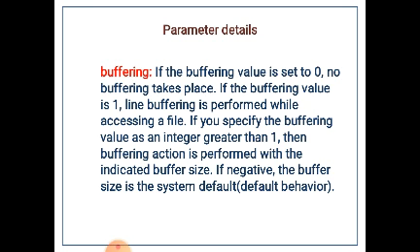If you specify a buffering value which is more than 1, then the buffering action is performed with the indicated buffer size. If we give a negative value, the buffer takes the default value. So the buffer value decides the buffering that is going to take place in the read function.